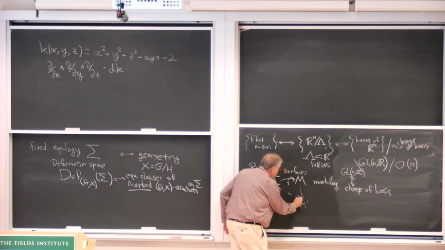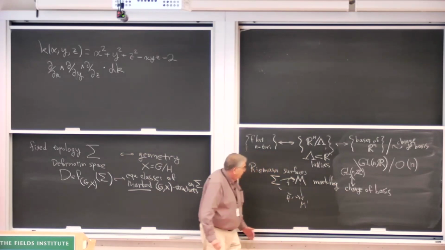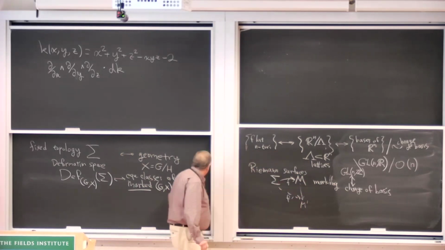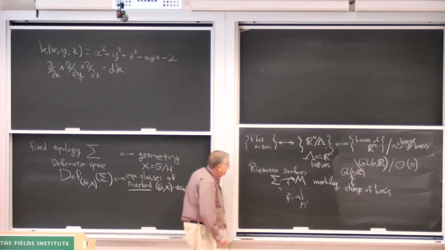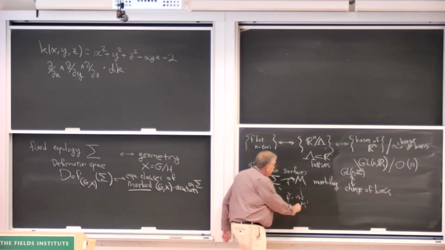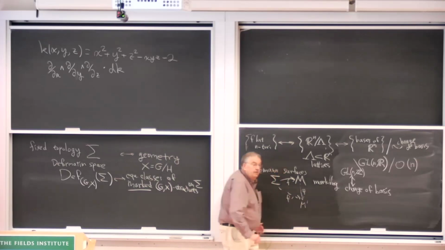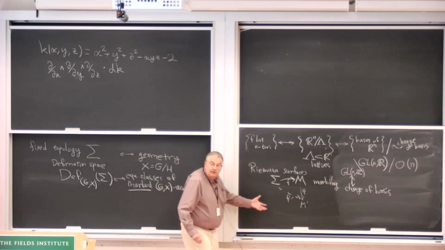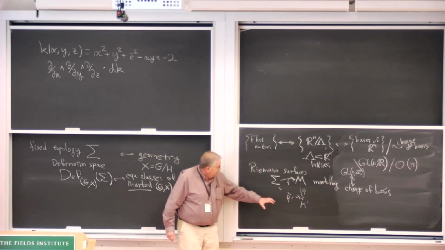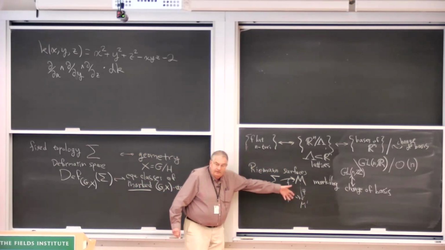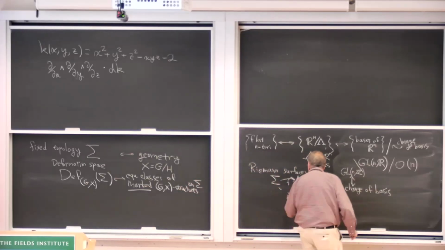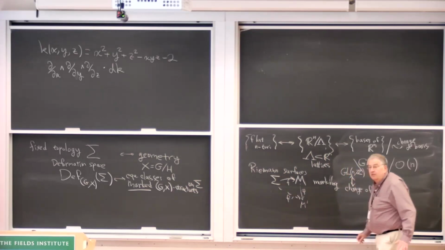We say that two marked Riemann surfaces are equivalent if there's an isomorphism, either a homeomorphism or an isomorphism of Riemann surfaces, so that this diagram commutes up to homotopy. Okay, and so that's what a marking is. It's this labeling. So remember, sigma is topology and M is geometry. And the space of equivalence classes of marked Riemann surfaces is the Teichmüller space.